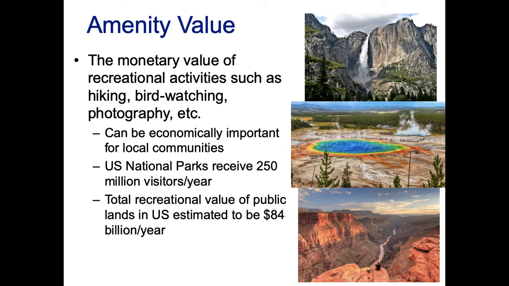The recreational values of ecosystems can bring in a lot of money into these local economies. The U.S. national parks receive 250 million visitors a year, which is a lot. We get tourists coming from all over the world to see some of these places.